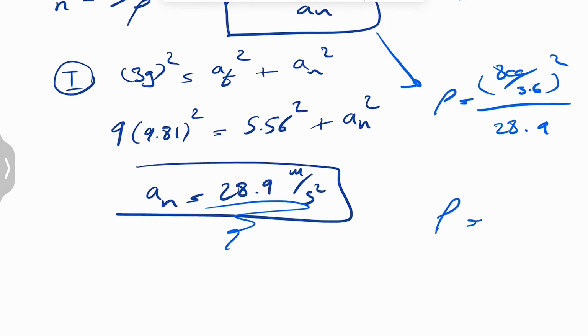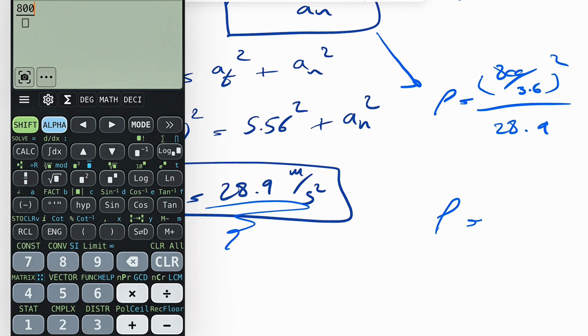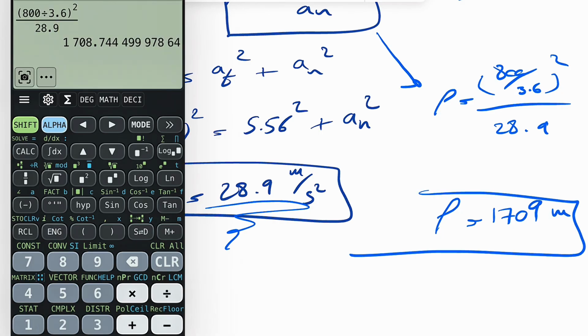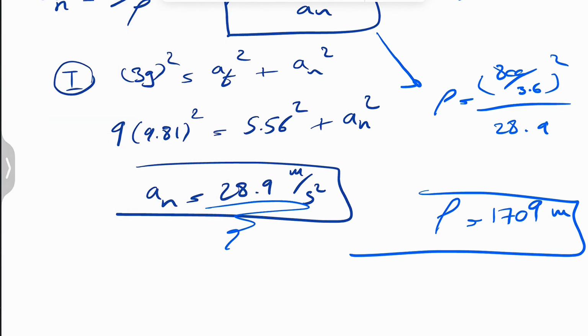Let's see what this gives us. Basically 800 divided by 3.6 to the power of 2 over 28.9. That's going to give us the radius in meters, 1708, or if we report it in 4 significant figures, 1709 meters. And that's the final answer for this question.